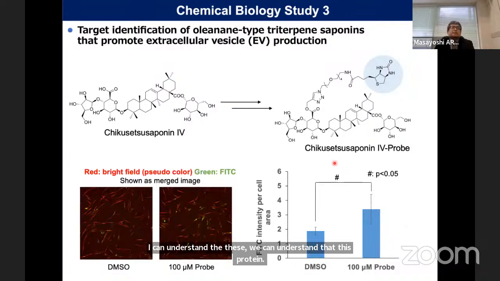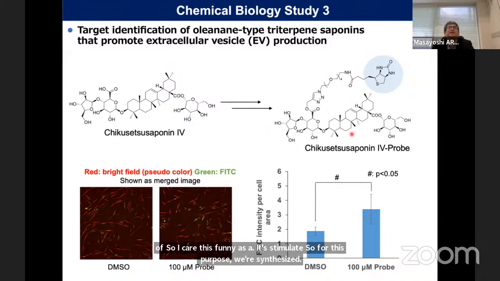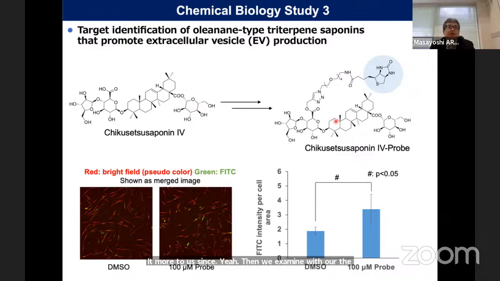The last example involves the target identification of oleanane-type triterpene saponin, as mentioned earlier, which stimulates exosome production. For this purpose, we synthesized a probe molecule as shown here. Then we examined whether or not the compound could enter the cell.